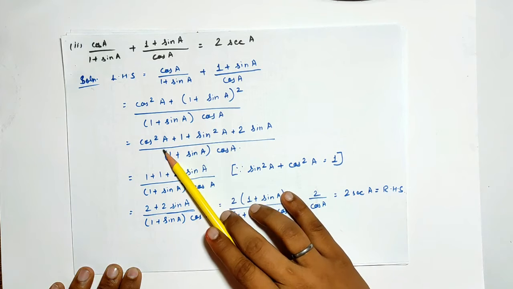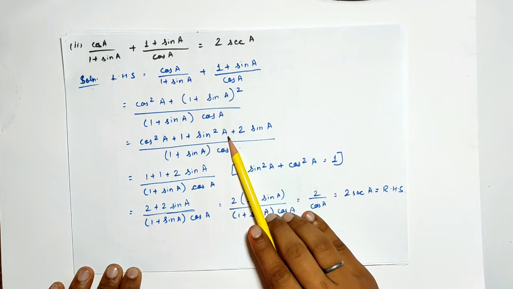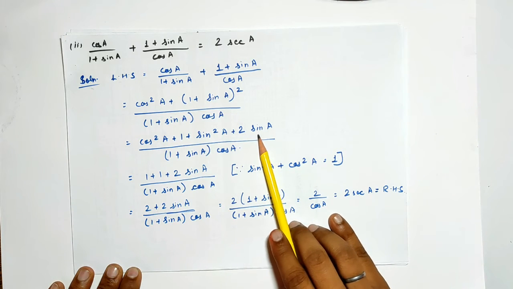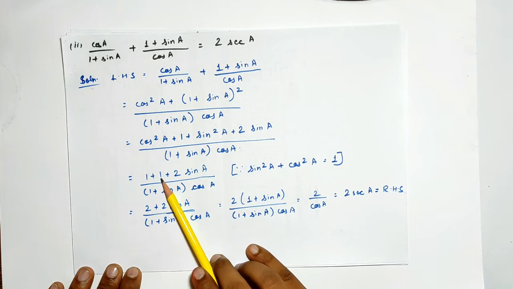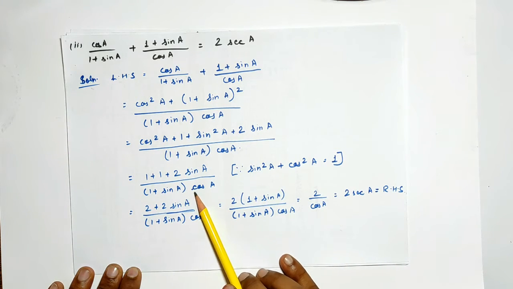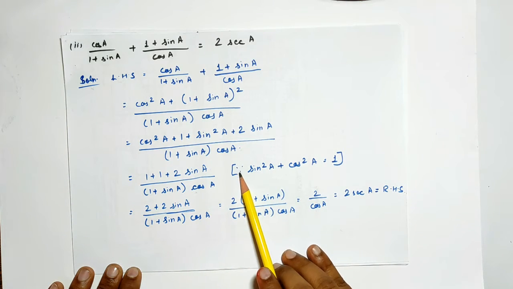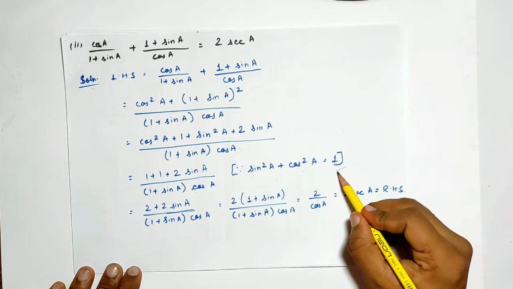upon (1 plus sin a) cos a, which is equal to cos square a plus 1 plus sin square a plus 2 sin a upon (1 plus sin a) cos a, which is equal to 1 plus 1 plus 2 sin a upon (1 plus sin a) cos a, because sin square a plus cos square a is equal to 1.